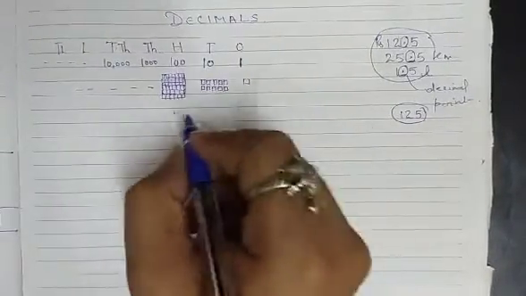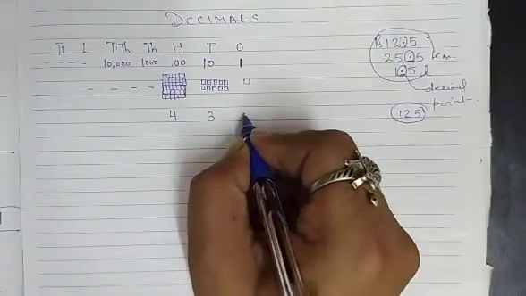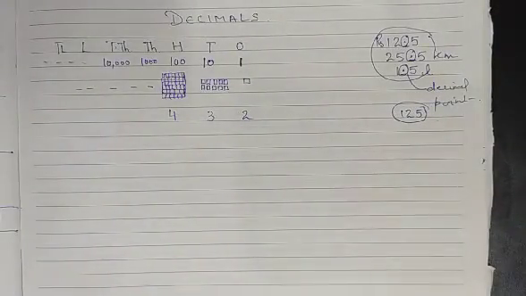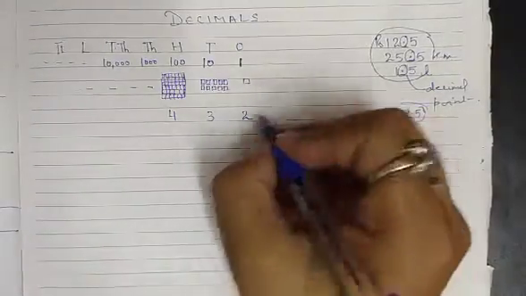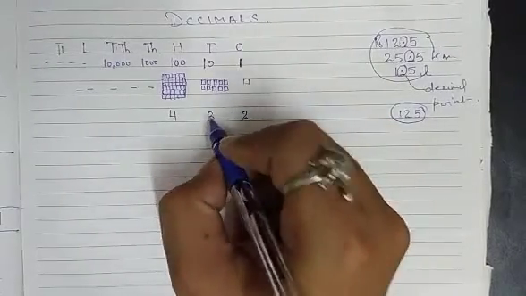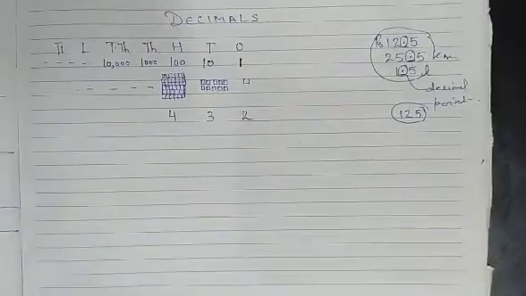For example, if I have written 432, if this is our number, then what is the place value of 2? Ones. What is the place value of 3? Tens. What is the place value of 4? 100.